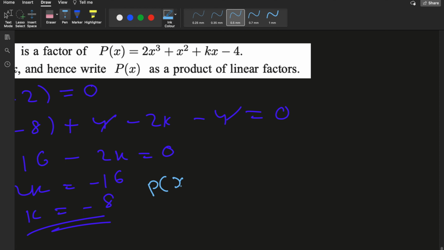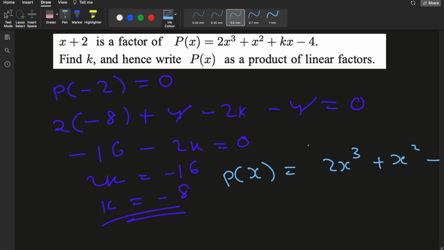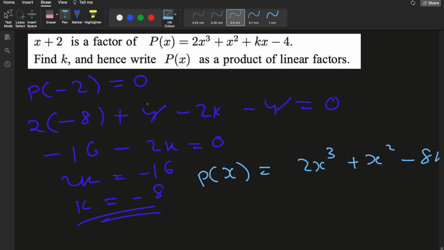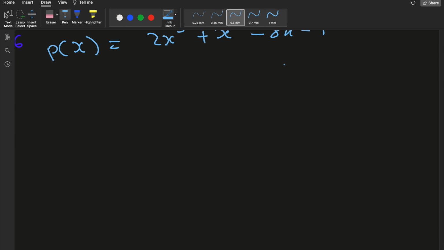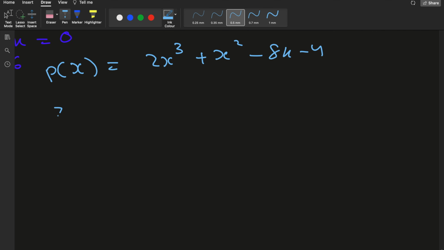So now p of x equals 2x cubed plus x squared minus 8x minus 4. Now let's do the long division to write this as a product of linear factors. So let's divide this by x plus 2.